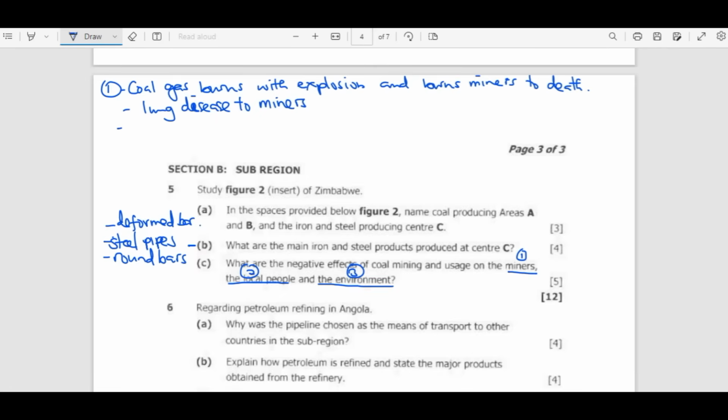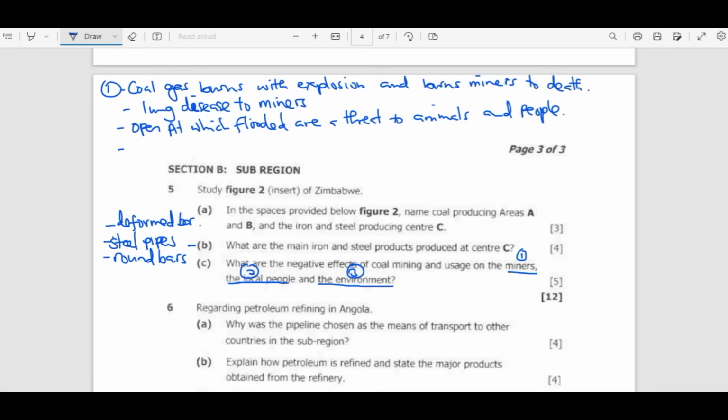And then the other one, we are saying that open pits which are flooded are a threat to animals and people. And then not only that, what else apart from that?